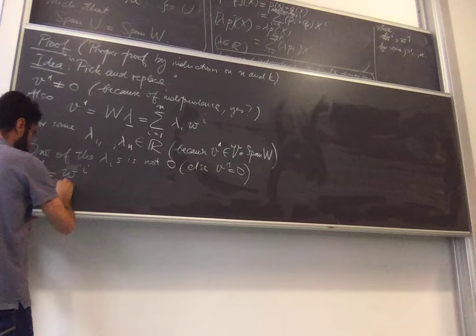What is not so trivial is to show that any element of V can be written as a linear combination of these guys here. I know already that any element of V can be written as a linear combination of the W's.